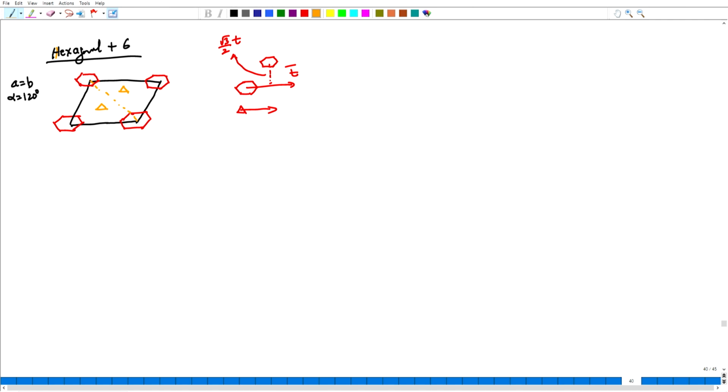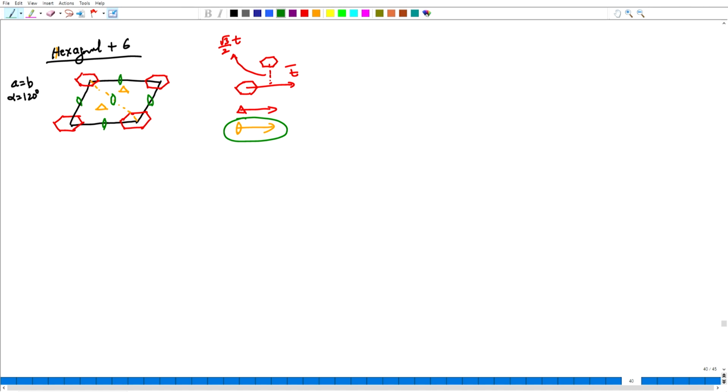Now, a 6-fold also has 2-fold as a subgroup, which means that I must get 2-folds as a result of the operation of 180 degrees followed by a translation, and also on the diagonal. So, in this case we ended up with a lot of symmetries, starting with just adding a 6-fold to a hexagonal cell. Now, I am not going to clutter this diagram by drawing more motifs, but you can surely do this.